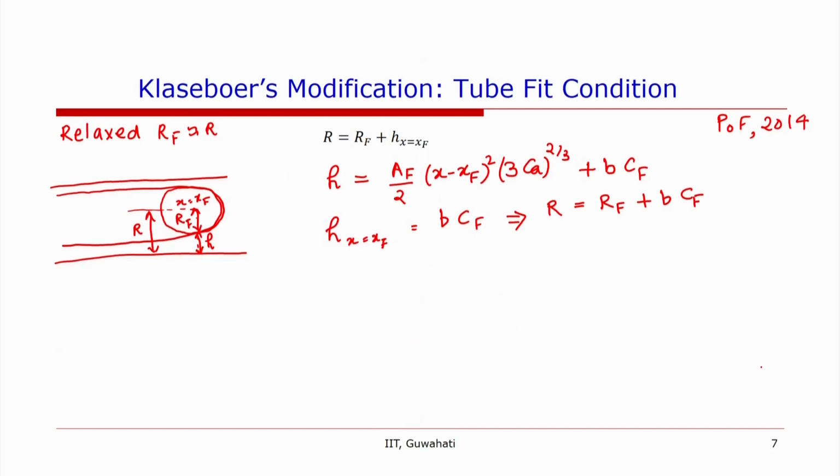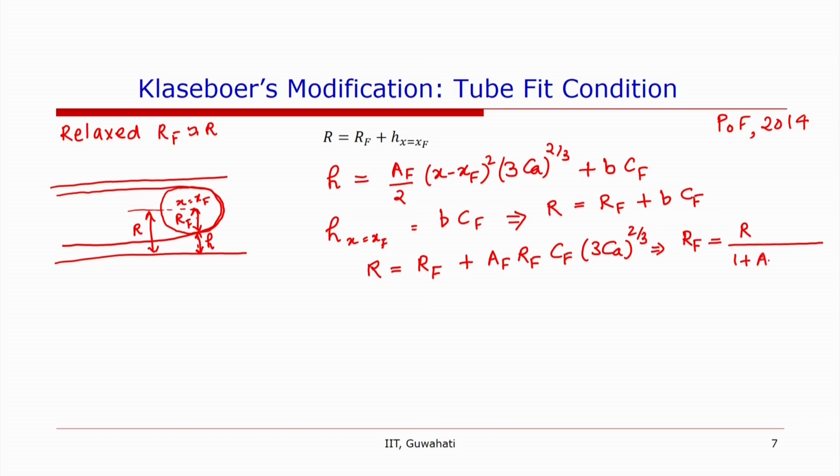So we can substitute that here. We will have R is equal to RF plus AF RF CF into 3 Ca raised to the power 2 by 3, or that gives us RF is equal to R over 1 plus AF CF into 3 Ca raised to the power 2 by 3.